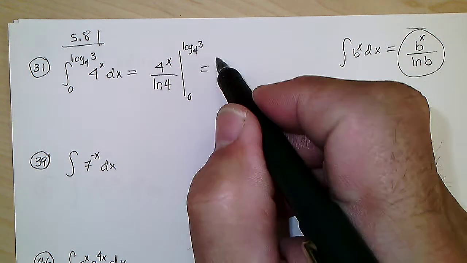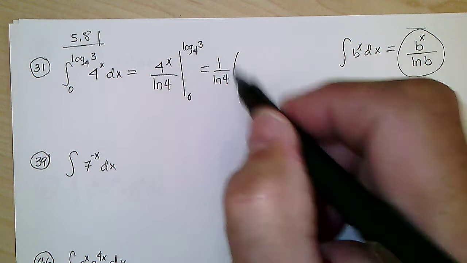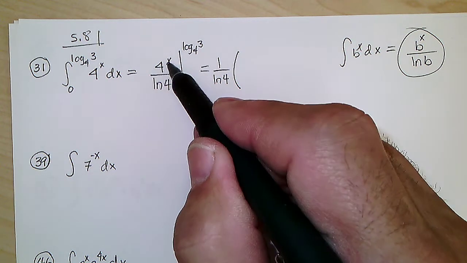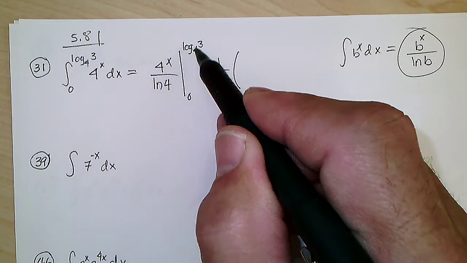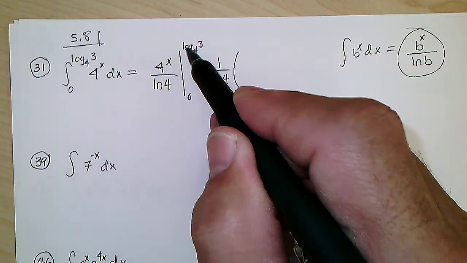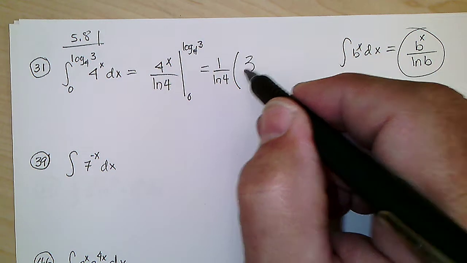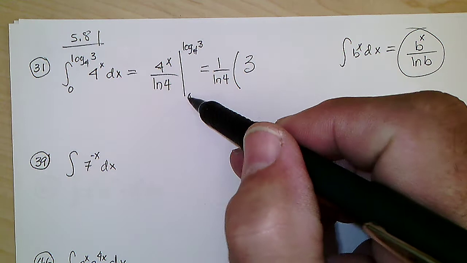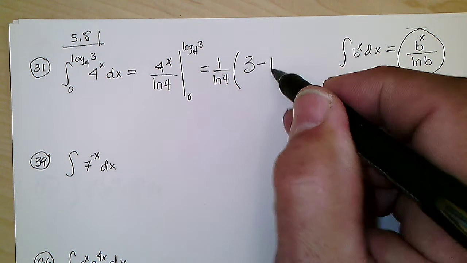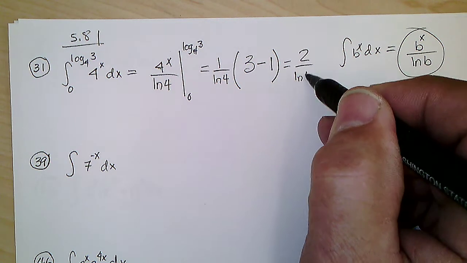So this would be 1 over ln 4 times, if we put this in for the power, 4 to the log base 4 of 3, the 4 to the power and the log base 4 cancel each other and we get just 3. And then if we put in 0, we get 4 to the 0, which is 1. And so we get 2 over ln 4.